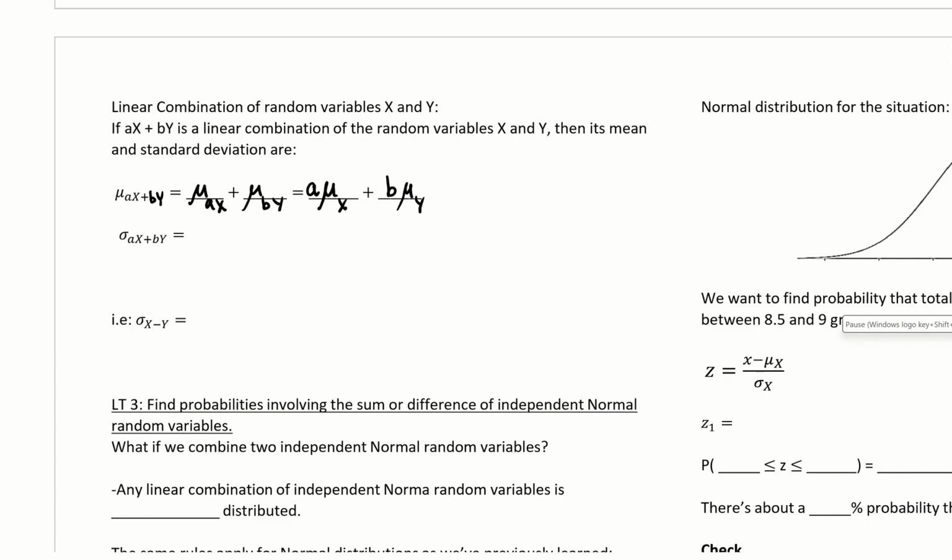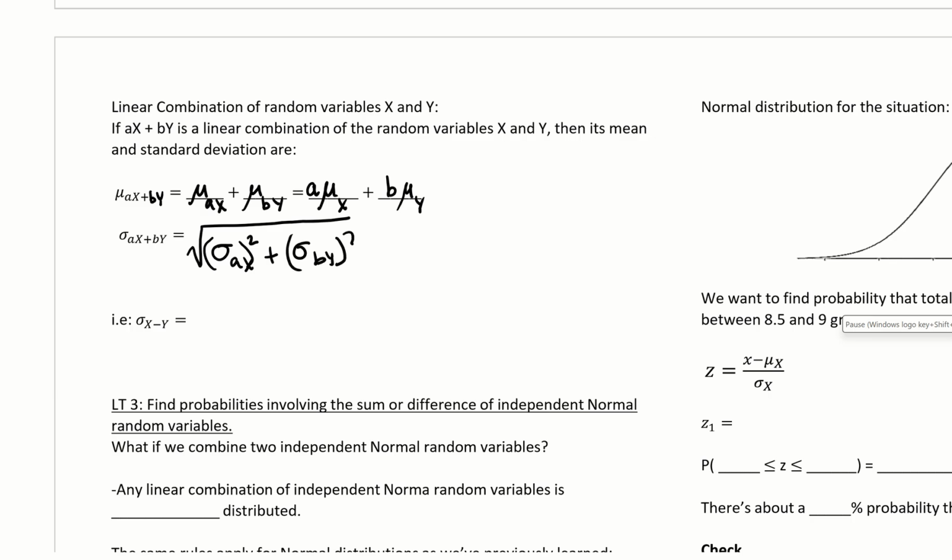Now for sigma, remember that the rule for sigma is way different. The rule for sigma is we have the Pythagorean sum of the ax squared plus the by squared.